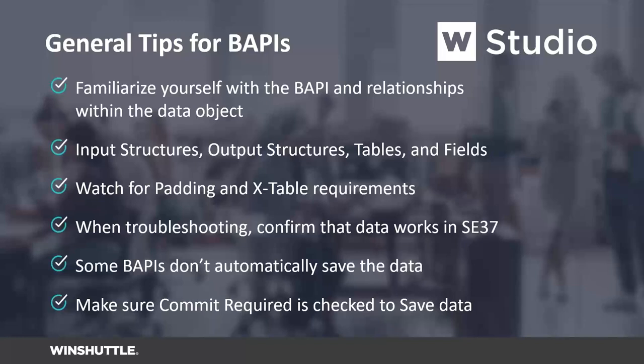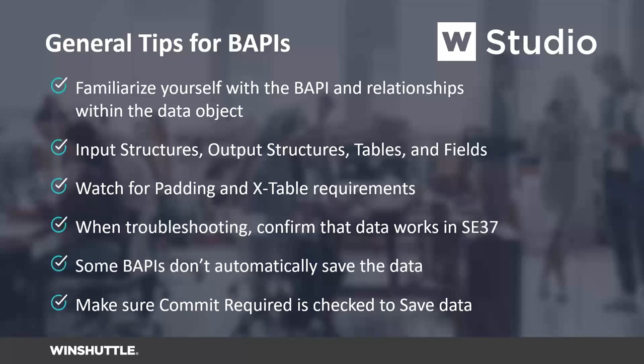You connect to that BAPI and it gives you the workspace, and you need to select the fields that you want to use. You need to select all the structures that you'd want. This does require a little more understanding of exactly what this BAPI is going to do and the relationships of the data elements in it.